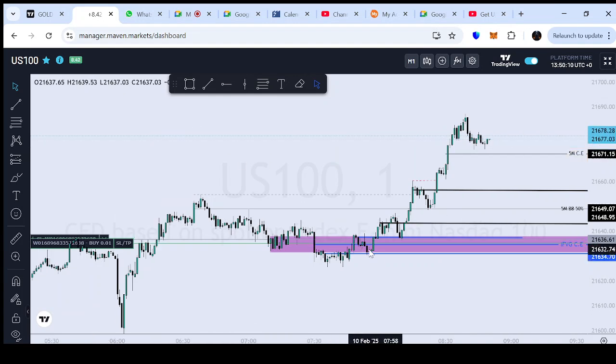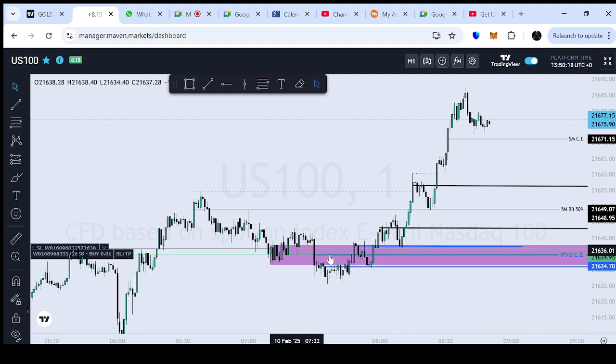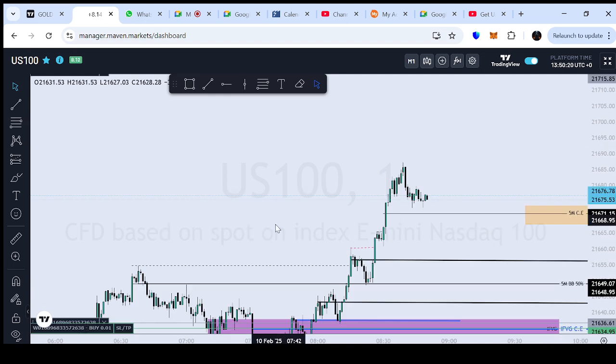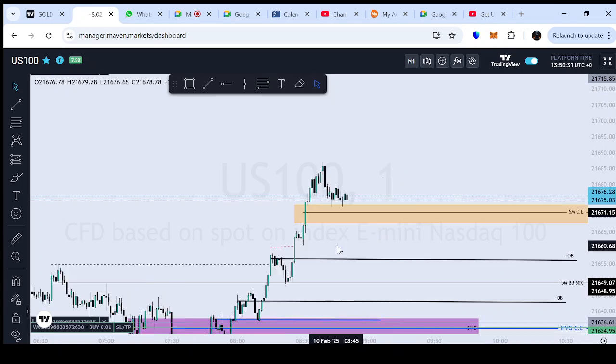I'm on the trade already. This is live trading on a demo account, not a real account. We have an inefficiency here. That's the 5 minutes consequent encroachment. We'd like to see price deliver inside there.